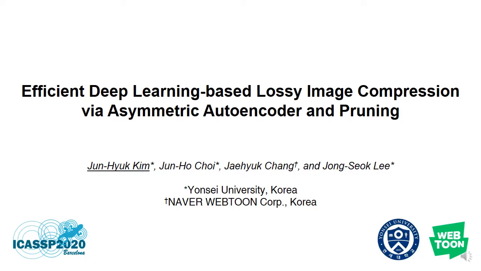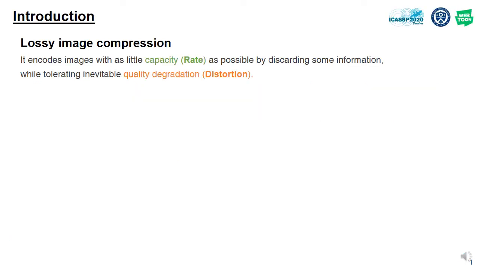My research topic is efficient deep learning based lossy image compression via asymmetric autoencoder and pruning. In this paper, we focus on the lossy image compression. The lossy image compression refers to the task of encoding images with as little capacity as possible by discarding some information, while tolerating inevitable quality degradation.